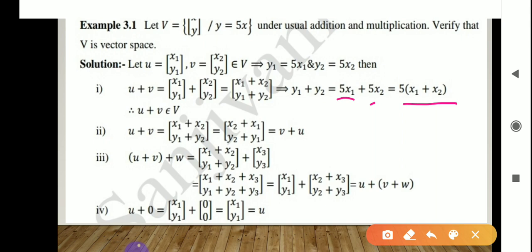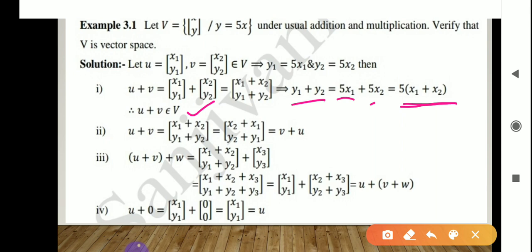So y1 plus y2 is equal to 5 times (x1 plus x2), and therefore u plus v belongs to V, which means V is closed under addition.